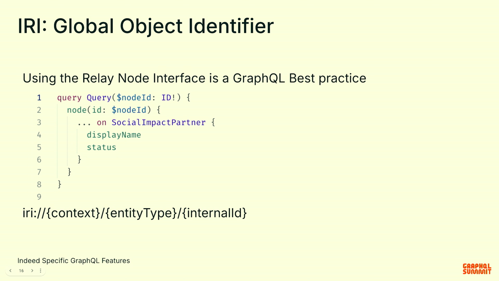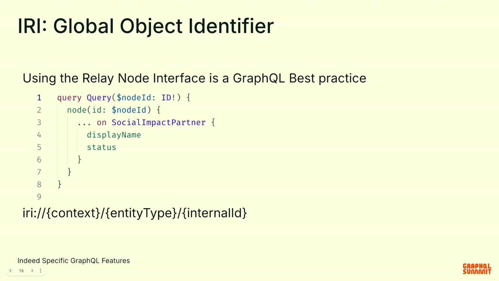Basically, we just have libraries and factories that encode or decode these values based off of context, entity type, and the internal ID. The libraries encode and decode the information, and then the node API will interpret the entity by decoding the IRI and then queries the particular subgraph for that, and then federation takes care of the rest in terms of fetching the rest of the fields.